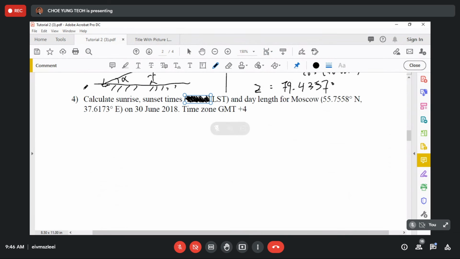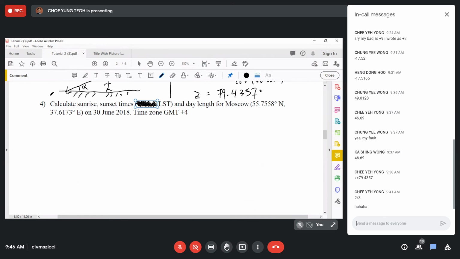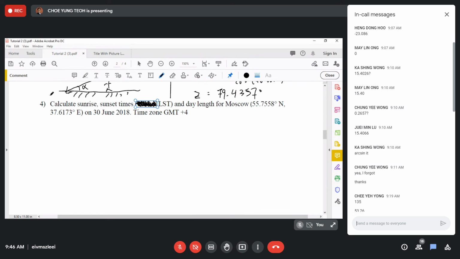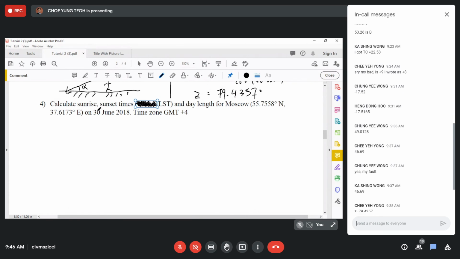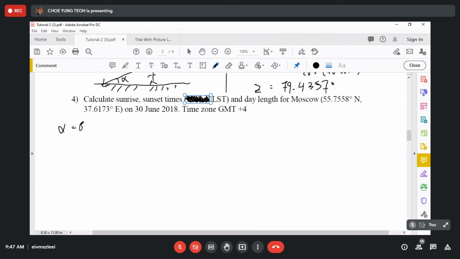Okay, so first, what is the condition that you know at sunrise? Anyone? Alpha equal to 0. Yes, alpha will be equal to 0 at sunrise and sunset. So from here, you can use the equation for alpha to find the value.